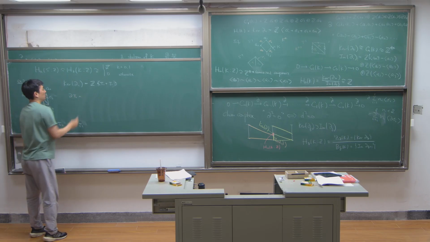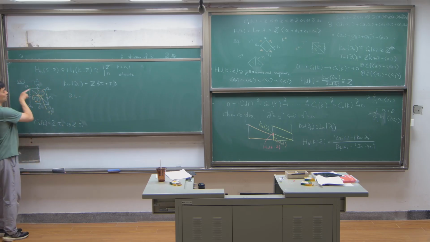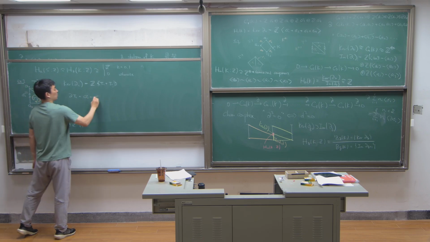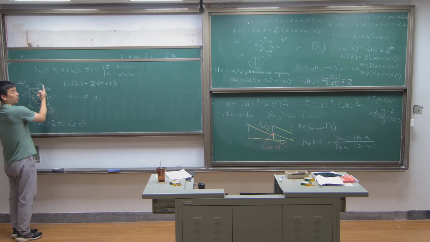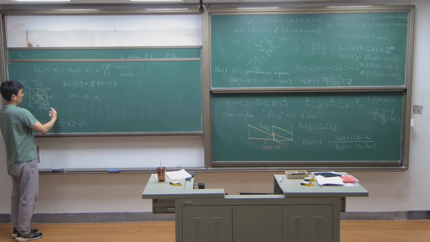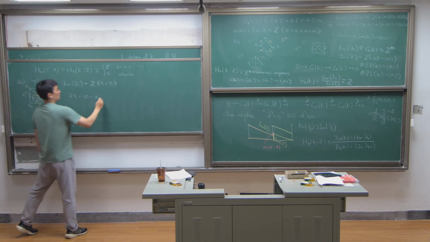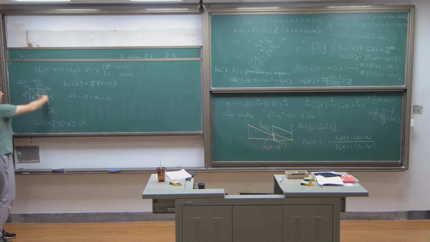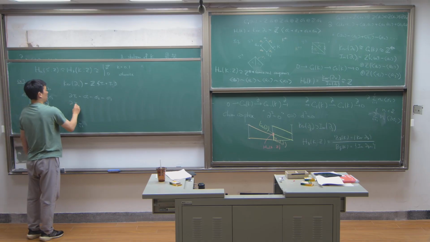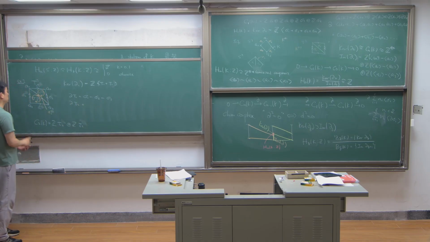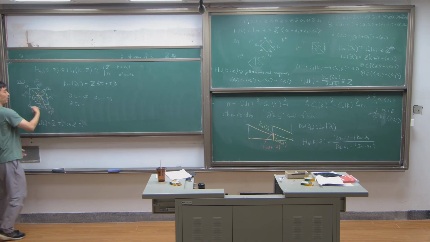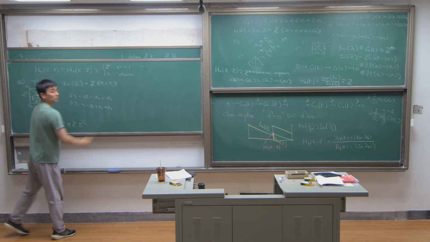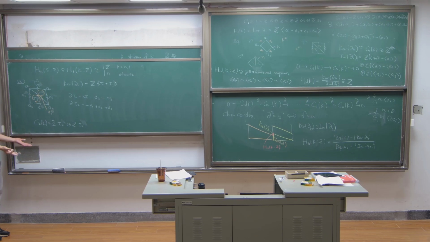Boundary tau 1 is sigma 1 minus sigma 2, because I take this orientation, and then minus sigma 3. Boundary tau 2 is minus sigma 1 plus sigma 2 plus sigma 3. If you sum them up, you get 0.